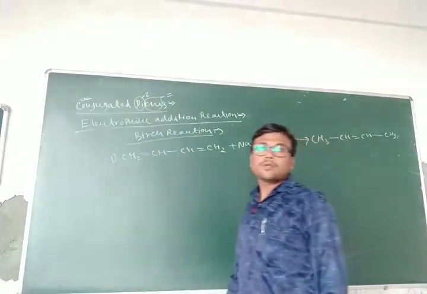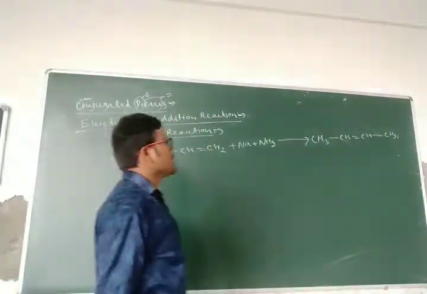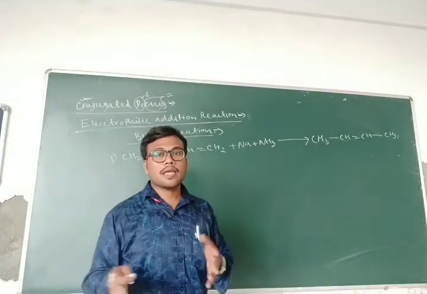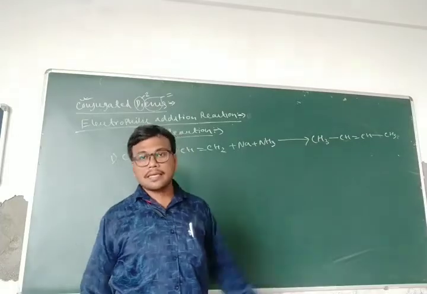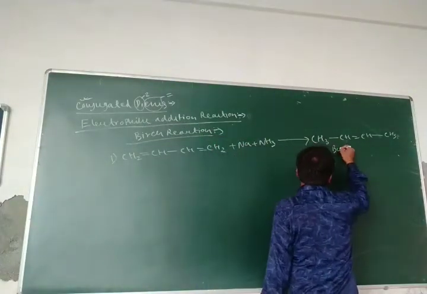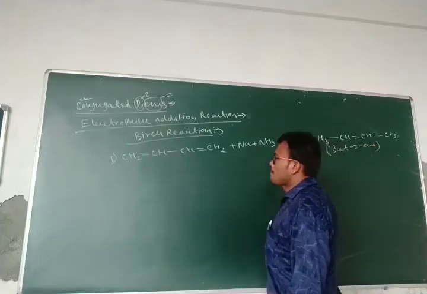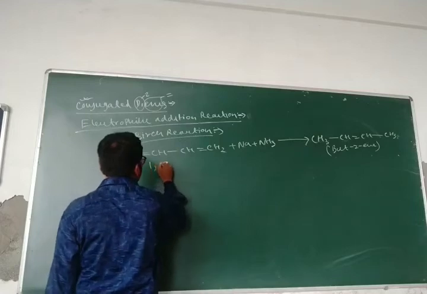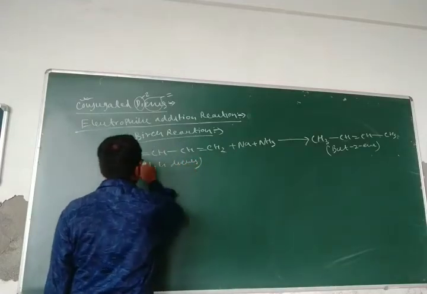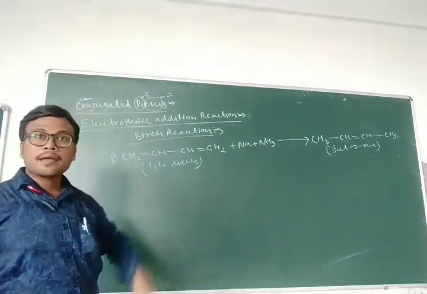Okay, so 1,4-diene to alkene. Okay, so in Birch reaction, dienes are converted to alkenes. Okay, this is the Birch reaction.